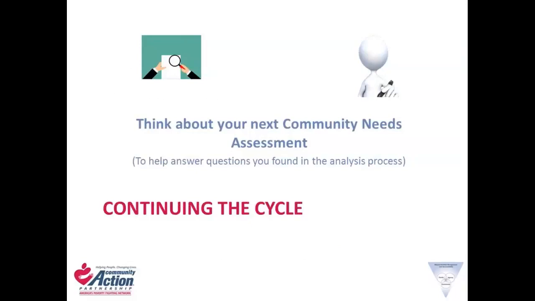You look back at your community needs assessment and you say, oh, we found out that we serve more people from this neighborhood, but we really don't have any surveys from that neighborhood. So as we look at our next needs assessment, we may want to look at some different things.